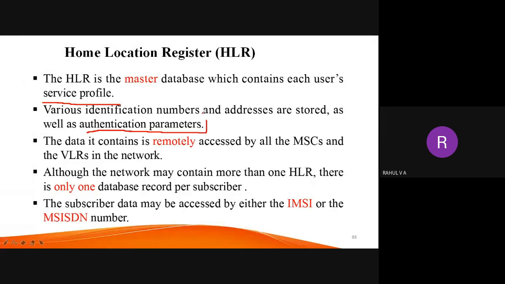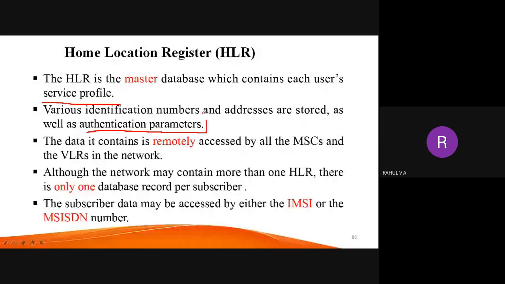Without this data, anyone who has a SIM can access the mobile network. And suppose there is a terrorist or something, and he is calling many people, the police or government won't be able to trace that particular person. So that's a difficulty.